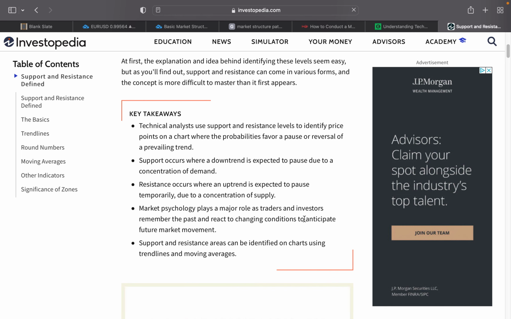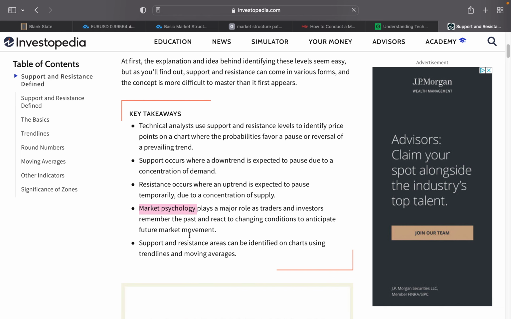So remember, we're not trying to predict, but we are trying to anticipate that future market movement by reading the actual market structure. The market structure is what's going to help us understand and identify which direction we want to join. So that has a big part to your market psychology.